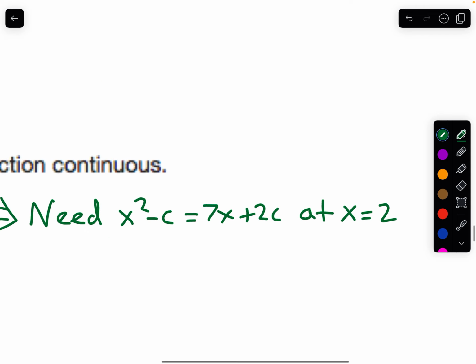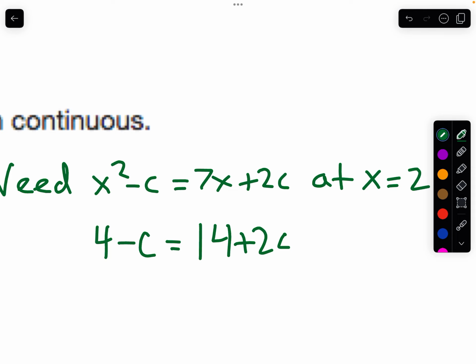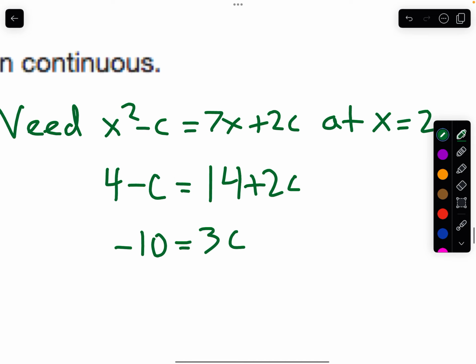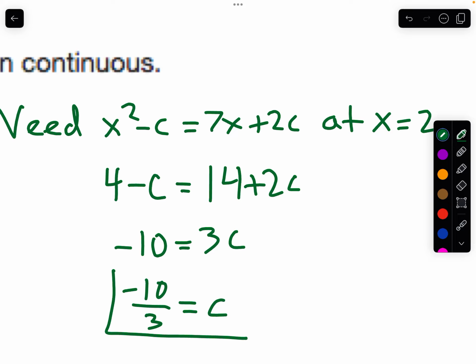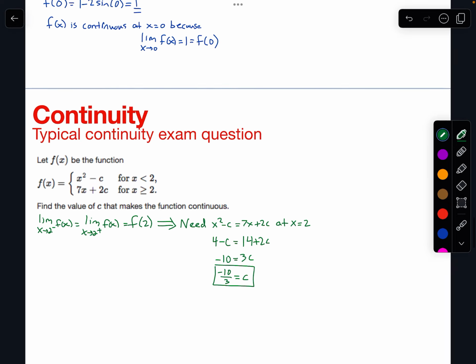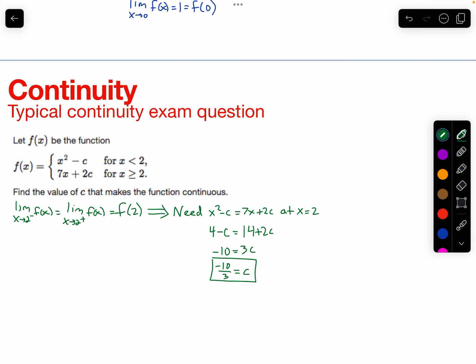What that allows us to do is substitute 2 in for x, and then solve for c. So we sub 2 in for x, that gets us this far. Now we can solve for c using a couple of algebra steps, and we get the value here that would make this piecewise function continuous. Very typical type of AP question in regards to continuity.